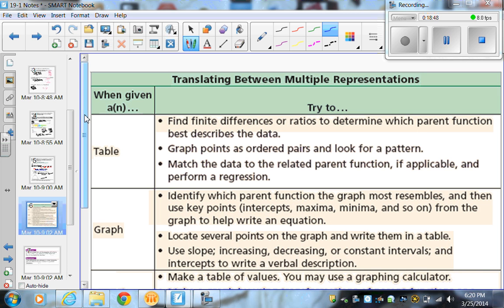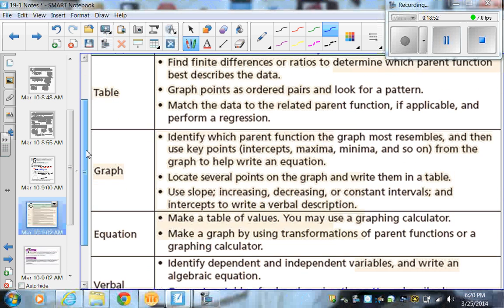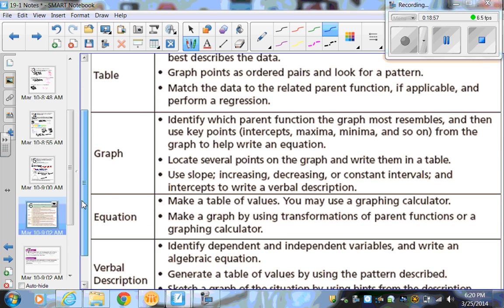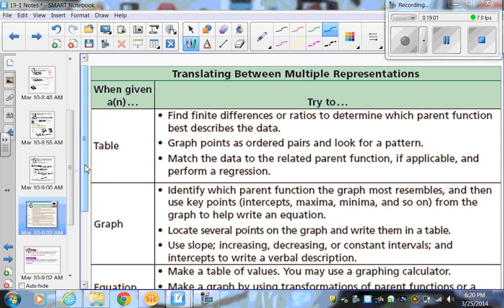Just as a refresher, there are 4 different ways that we have been representing, which is a table, a graph, an equation, and a verbal description. This little chart just kind of helps you try and figure out what you need to do. If I'm given a table, I'm going to find the differences, I'm going to graph them, and then I'm going to perform whatever regression I need to do.